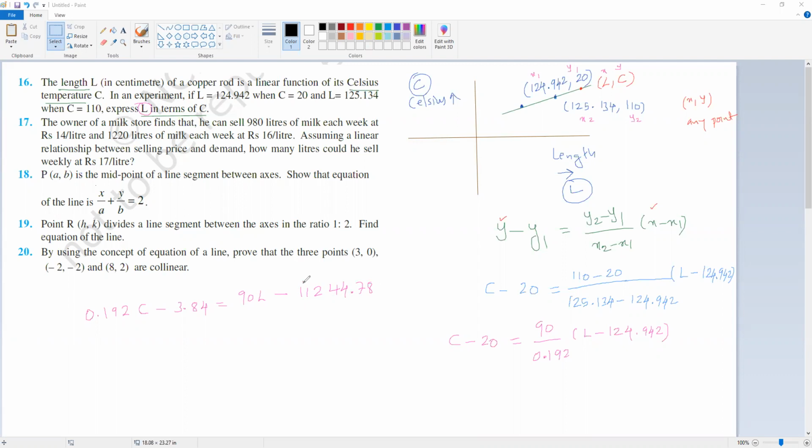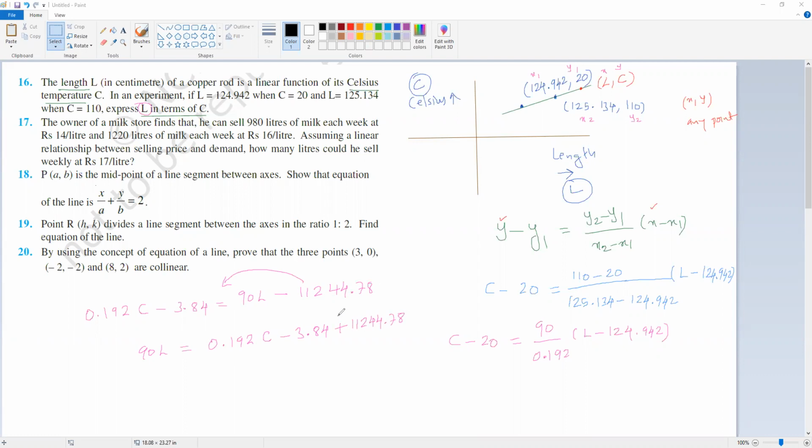That goes to the left side. So you get 90L is equal to 0.192C minus 3.84 plus 11244.78.